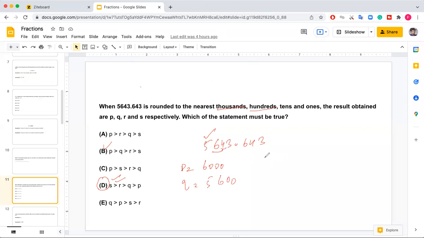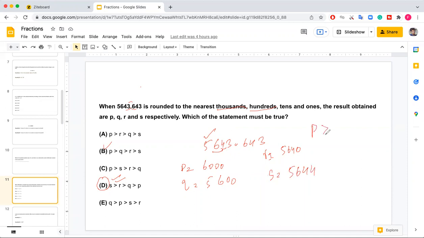Now we have R. For R, just see the next digit, this is 3. So this will be the same as 5640. And the last one, we have 6 afterward, right? So this will round up and S will become 5644. Now we can clearly say P is greatest, right?